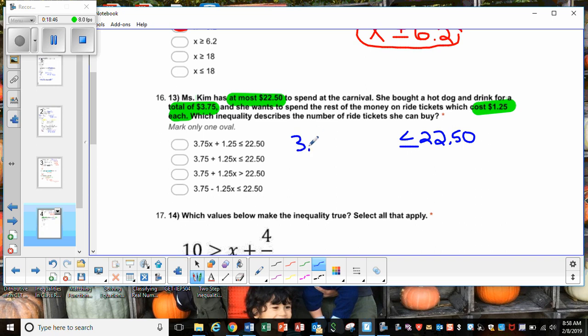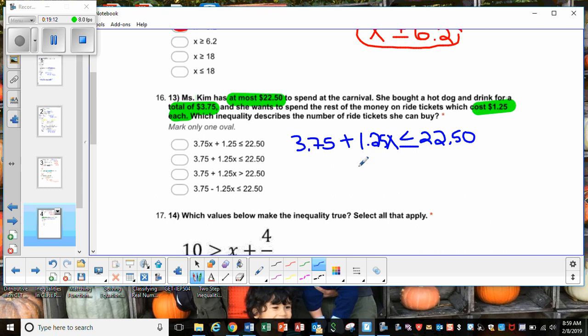So we have to take that into account for the money that she already has, into the $22.50. But she wants to use the rest of the money on rides, and the rides cost $1.25 each. Again, that multiplication keyword. So the cost of her hot dog and drink is $3.75, plus she wants to spend $1.25 per ride.